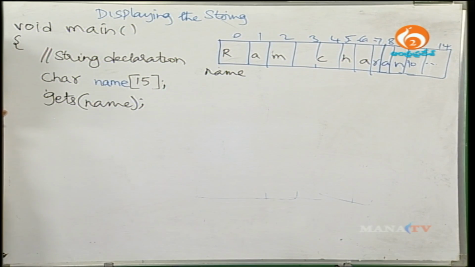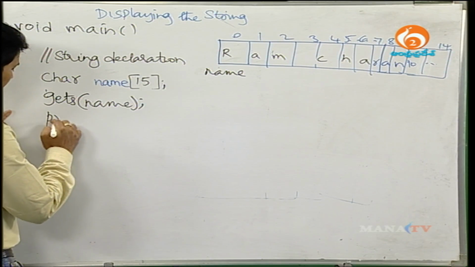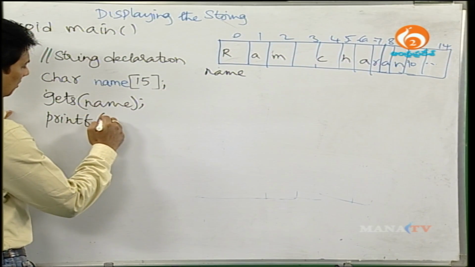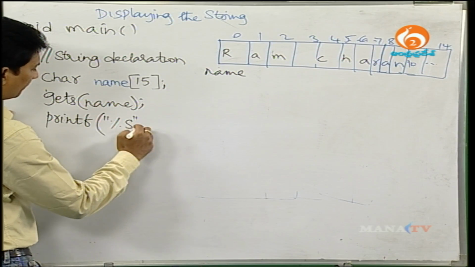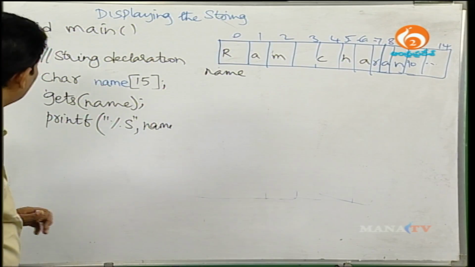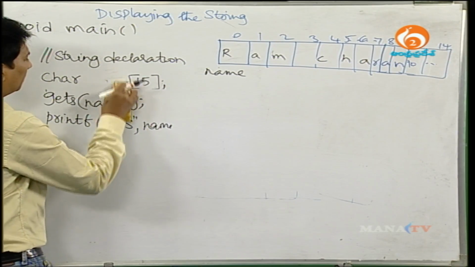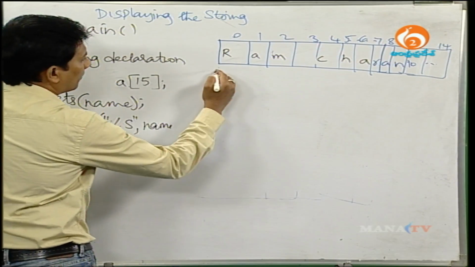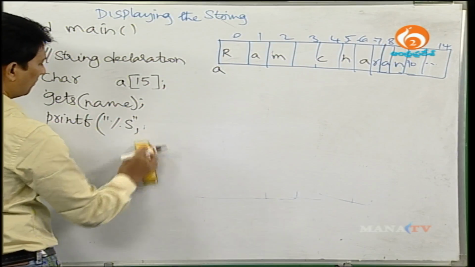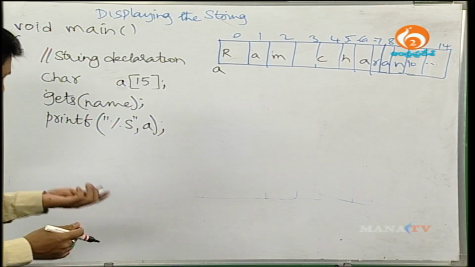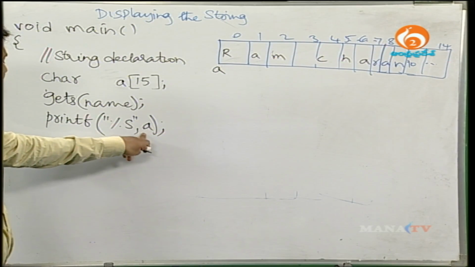That is simply printf %s, and what is a string, that is name, or simply I am writing here only a. So, this is a printf %s a.